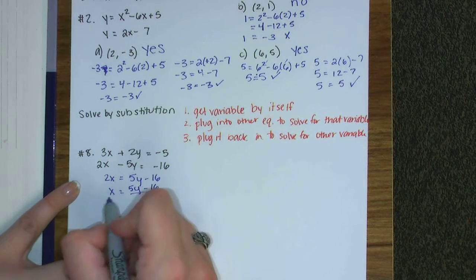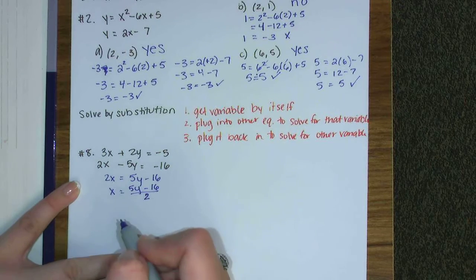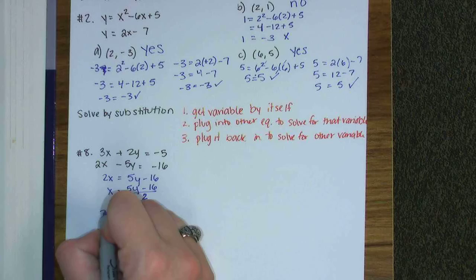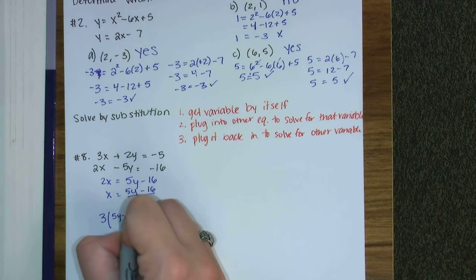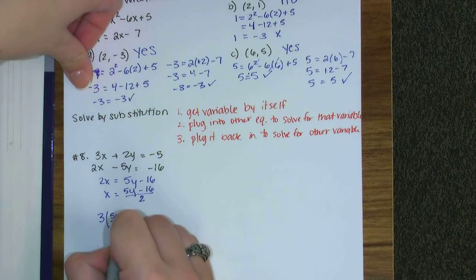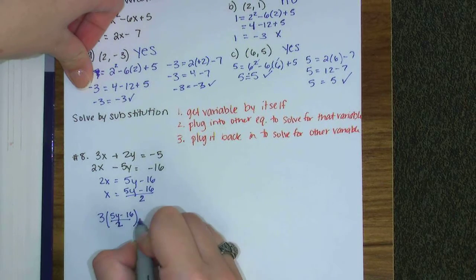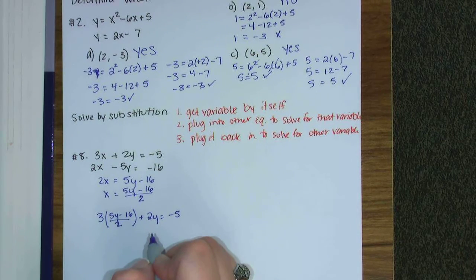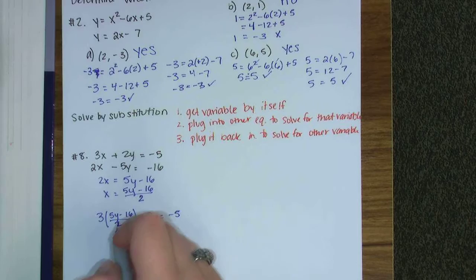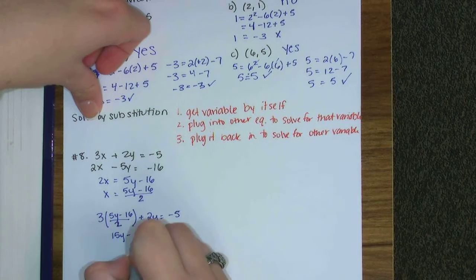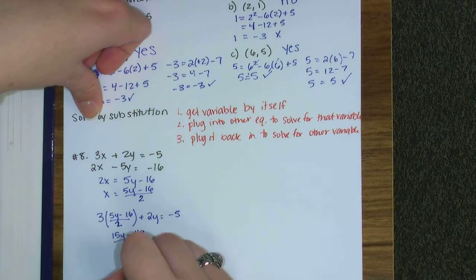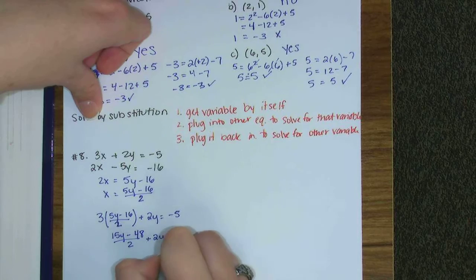And then I take this value and I plug it into the other equation. So this will give me 3 times 5y minus 16 all over 2, plus 2y is equal to negative 5. So here I end up with 15y on top minus 3 times 16 is 48, all over 2, plus 2y is equal to negative 5.